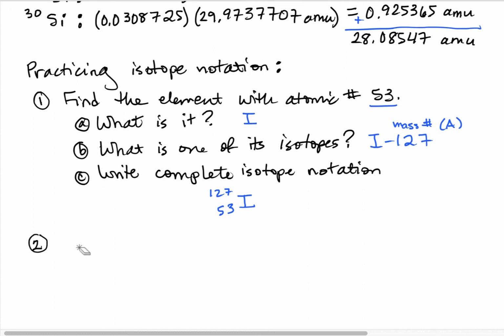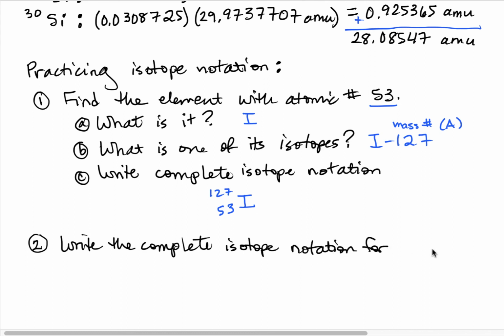I should say instead, write the complete isotope notation for an element that has 38 protons and 46 neutrons. So pause the video and go figure out which element that is, and then write the isotope notation for it.